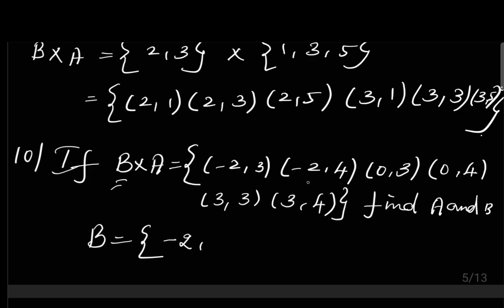Minus 2. Here minus 2 is repeated. Don't write it again. 0. Again 0 is repeated. 3. So, B is minus 2, 0, 3. The second set is A. Second element of the ordered pair 3, then 4. See 3 repeated, 4 repeated, again 3, 4 repeated. So the set A contains the elements 3, 4.